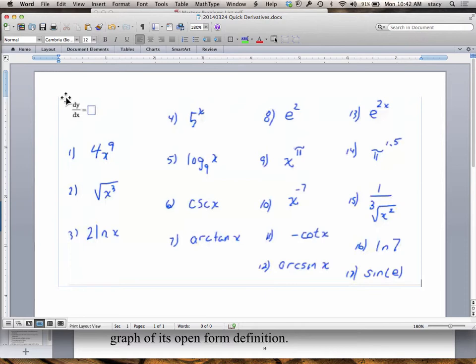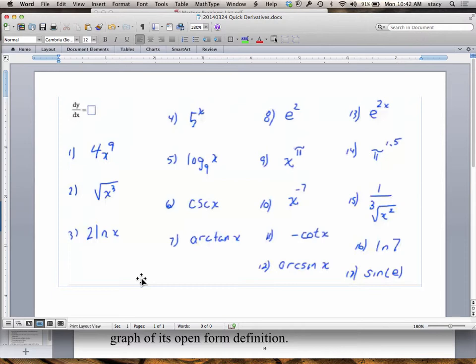Okay, so today what we're going to do is we're going to practice with some simple derivatives so that you can get a feel for that, and then we're going to talk strategy about the more complicated ones after that. So here is a sampling, if you will, of what I mean when I say simple derivatives. So go ahead and bust out a piece of paper and maybe take a few minutes to work on your own.